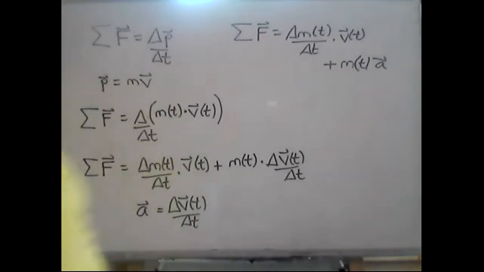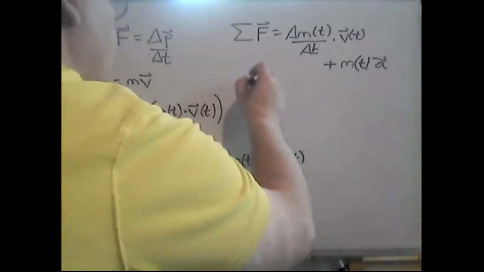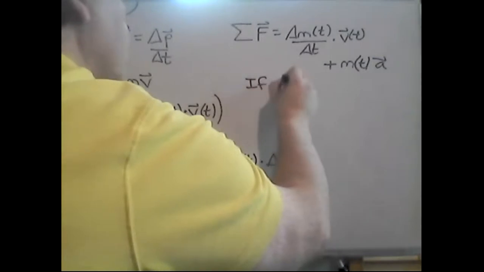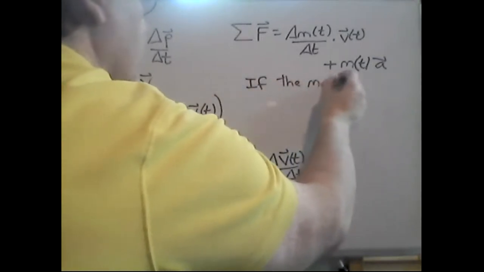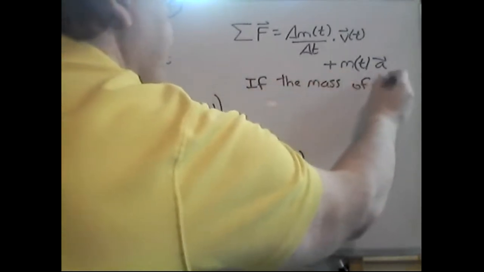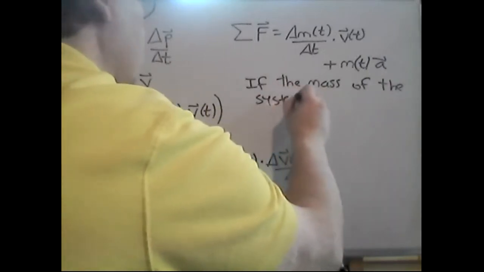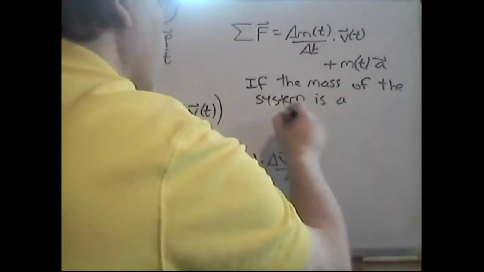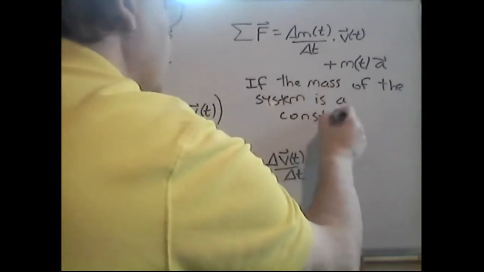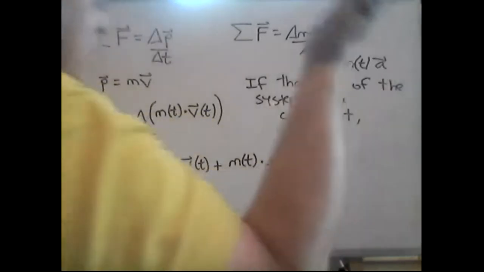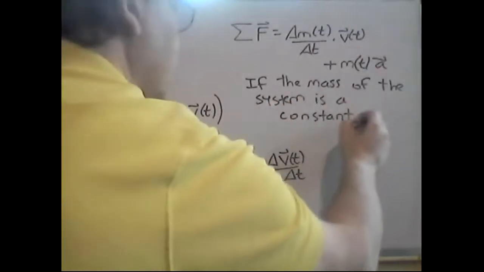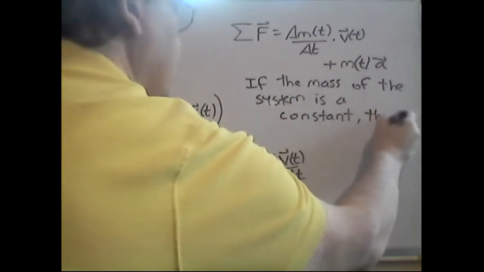So if the mass function of the system is a constant, well, the time rate of change of a constant, well, it never changes. It's a constant. Then delta m with respect to t would be 0.